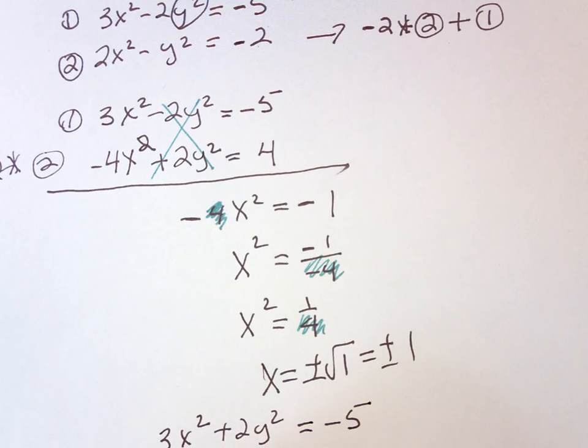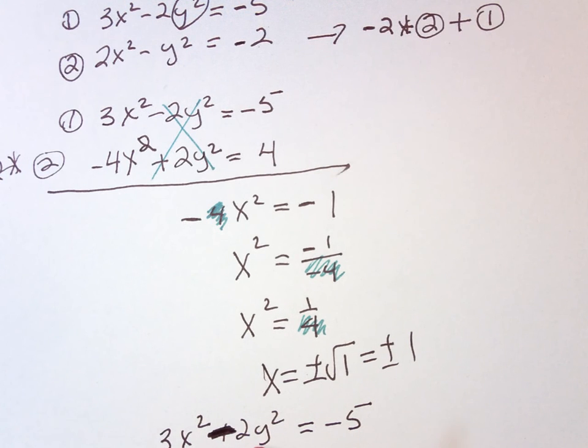So if x equals, oh, no, this is also minus 2y squared, yeah, because otherwise it wouldn't be a hyperbola. And if x equals 1, I have 3 times 1 squared minus 2y squared equals minus 5. 3 minus 2y squared equals minus 5.